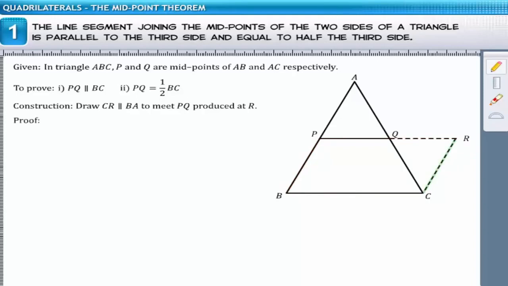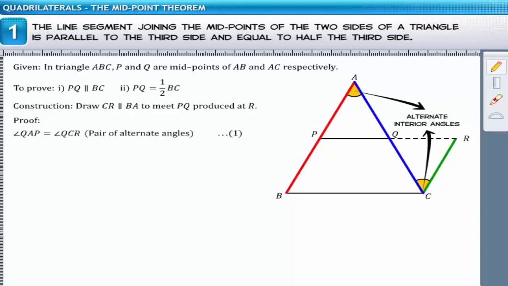By construction, we have drawn CR parallel to BA, and from the figure, AC acts as a transversal for them. This implies angle QAP is equal to angle QCR, as they form a pair of alternate interior angles. Denote this as equation 1.